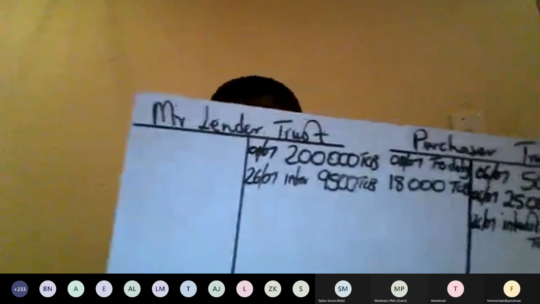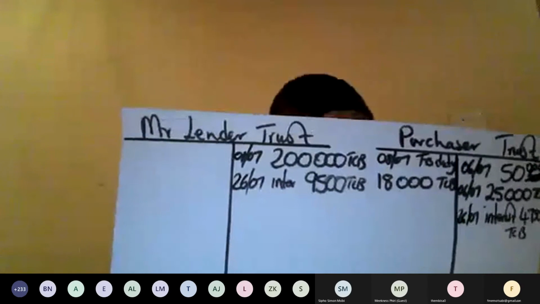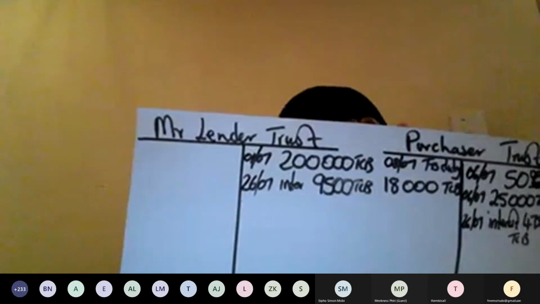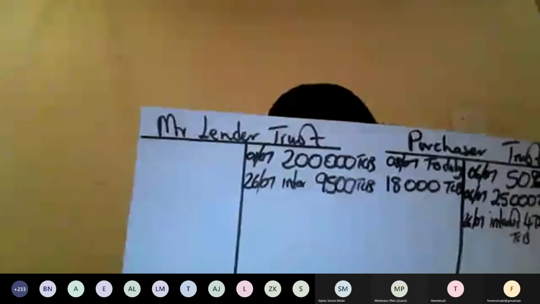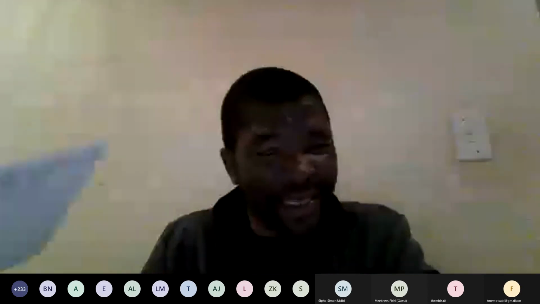Now you have credited the lender's trust ledger account with 95% of the interest. Remember, this apportionment is only on the interest, not on the capital.